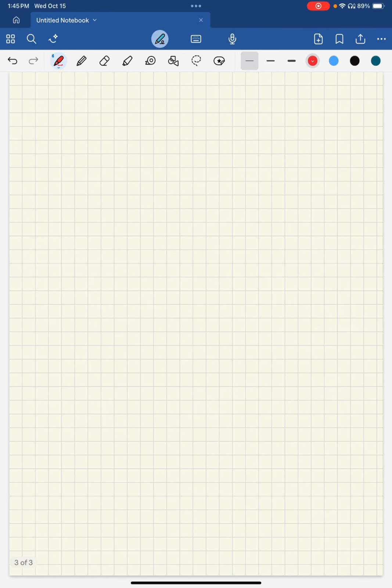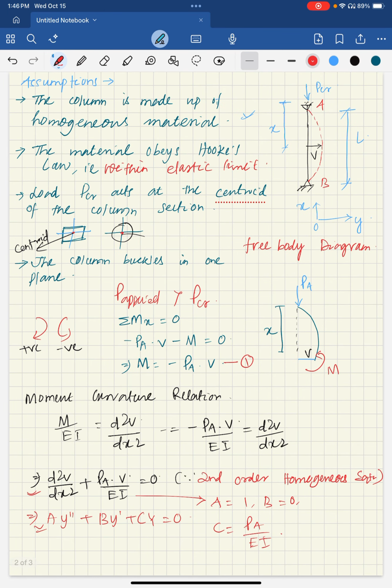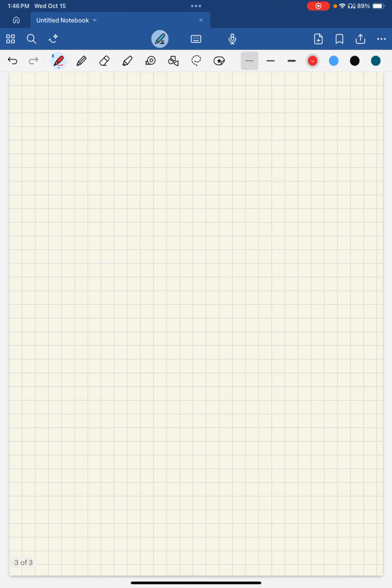Now, from here, we can write an auxiliary equation. So, the auxiliary equation can be written as r square plus P by EI is equal to 0.